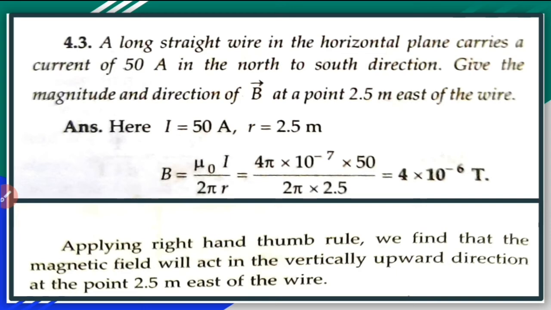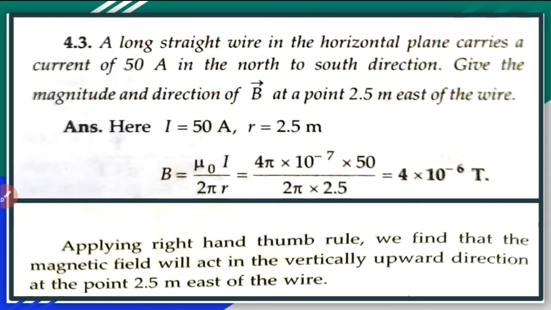Now coming to 4.3. A long straight wire in the horizontal plane carries a current of 50 ampere in the north to south direction. Give the magnitude and direction of B at a point 2.5 meter east of the wire. So here directions are given.